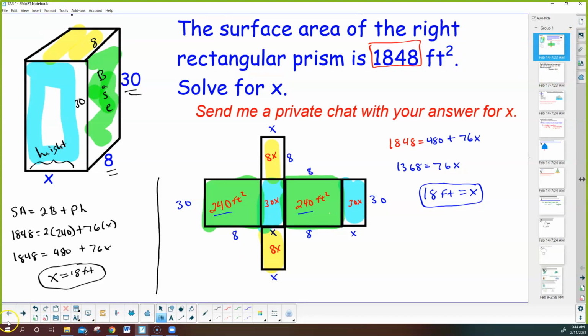Really quick, I just want to mention that yesterday I updated grades at 1:30, and I sent a missing assignment email report to anybody that had a missing assignment, even if you were still working on 12.1 and 12.2. I know you could have turned that in yesterday at 3 o'clock and been fine. I just sent that out so you were aware.